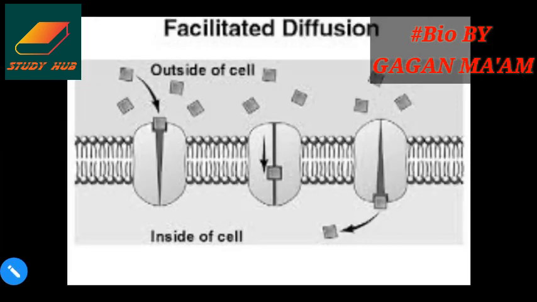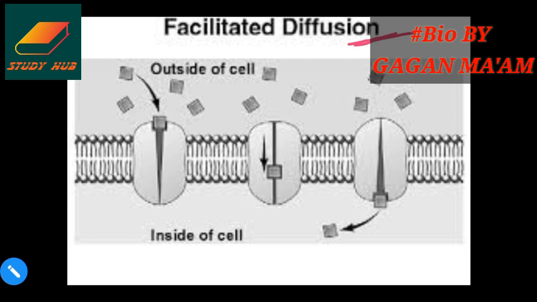Now we will study about facilitated diffusion. As the name suggests, facilitated, यानी something is needed to facilitate or to ease the transport. So as the polar molecules cannot pass through non-polar lipid layer, they require carrier protein. उनको carrier protein की ज़रूरत होती है to facilitate their transport across the membrane.